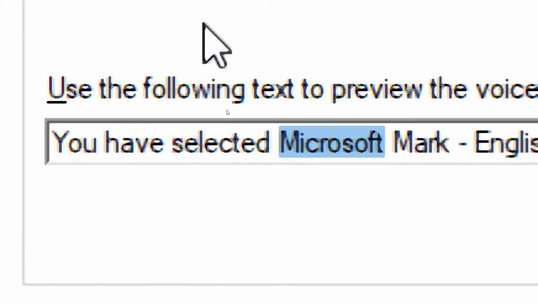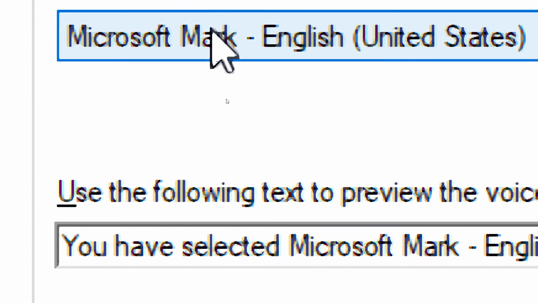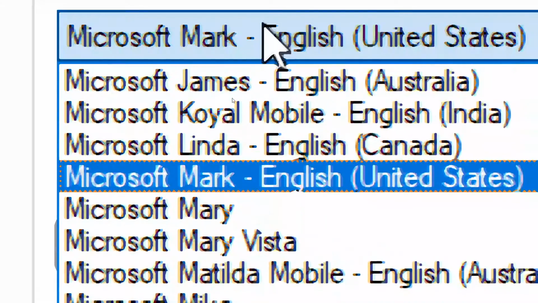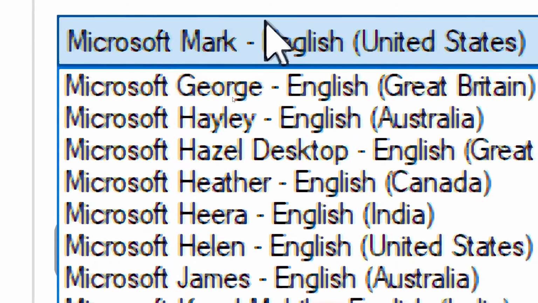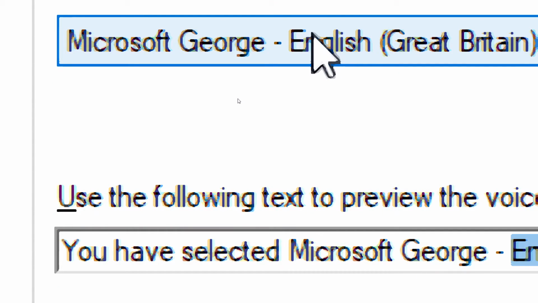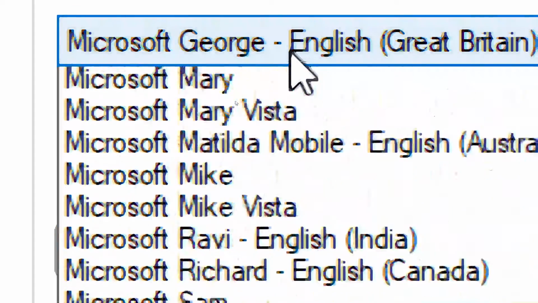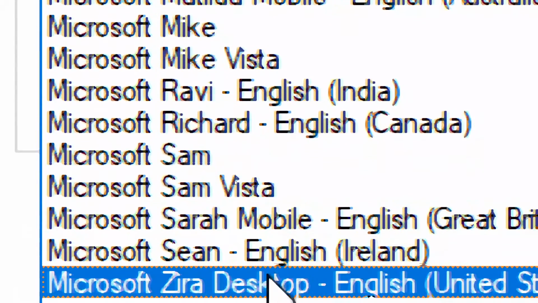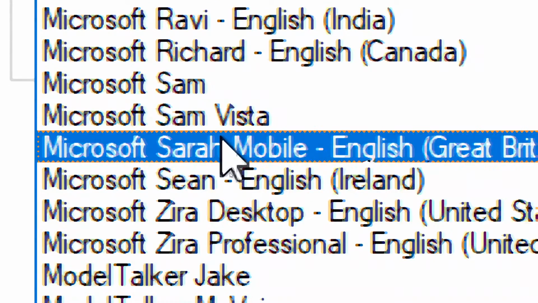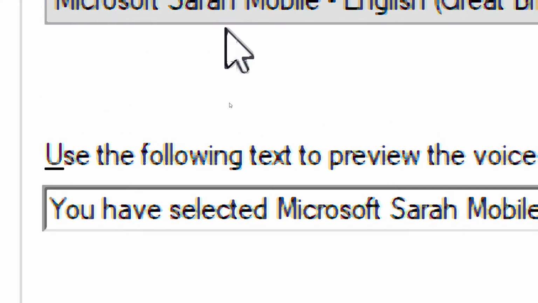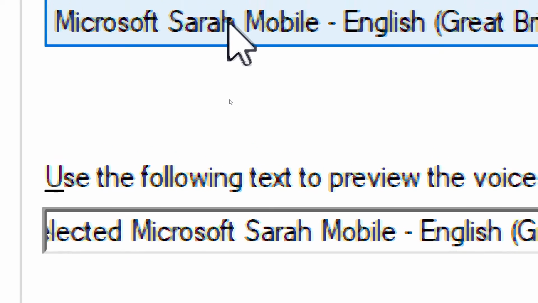You have selected Microsoft Mark, English, United States, as the computer's default voice. You have selected Microsoft George, English, Great Britain, as the computer's default voice. You have selected Microsoft Sarah Mobile, English, Great Britain, as the computer's default voice.